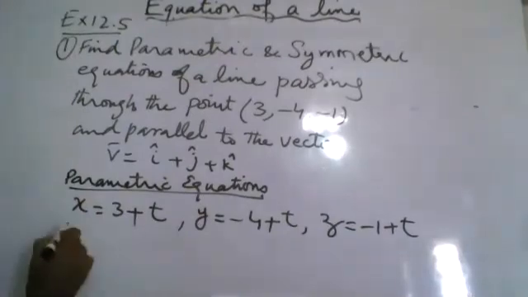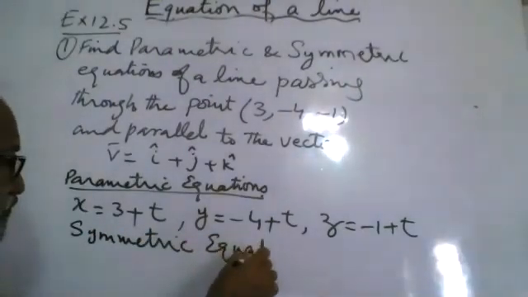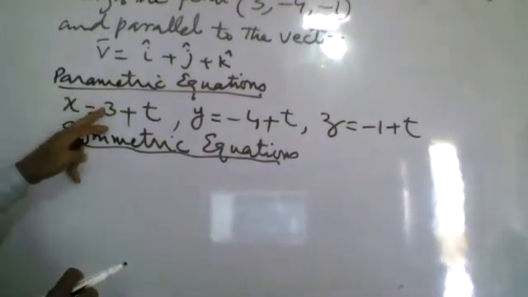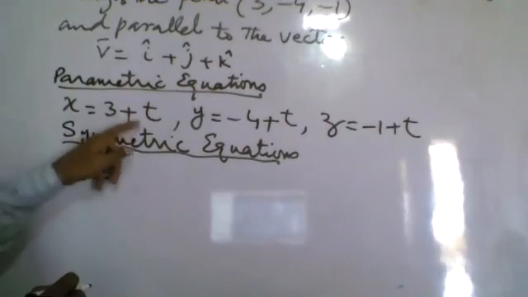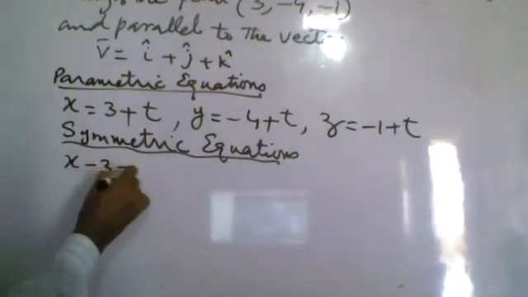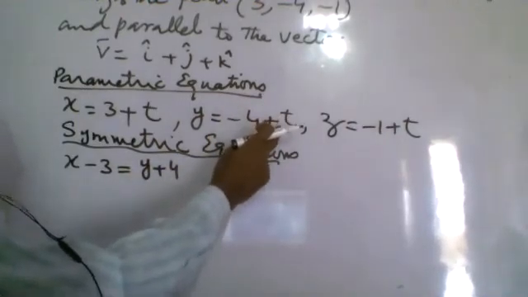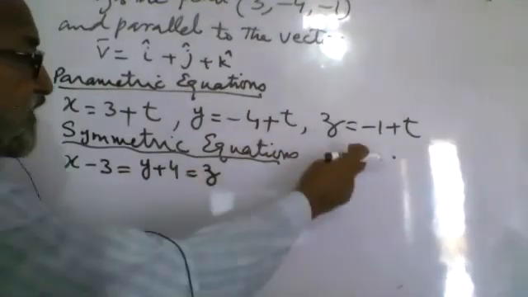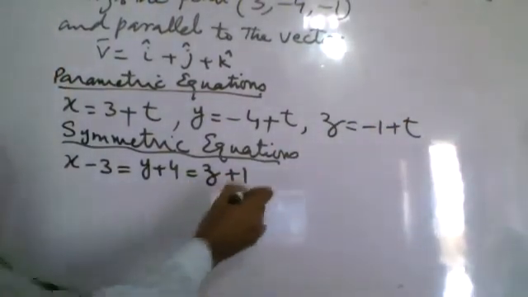The symmetric equation will be: x minus 3, with the 3 shifted over, divided by the coefficient of t, which is 1, so there is no need to write it, equal to y plus 4, divided by the coefficient of t, which is 1, no need to write, equal to z plus 1, divided by the coefficient of t, which is 1, no need to write it, and all are equal to t.